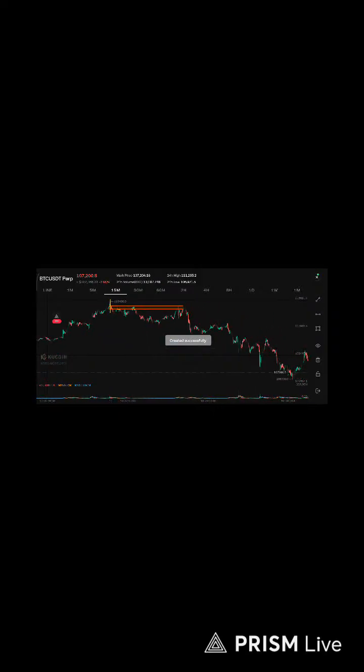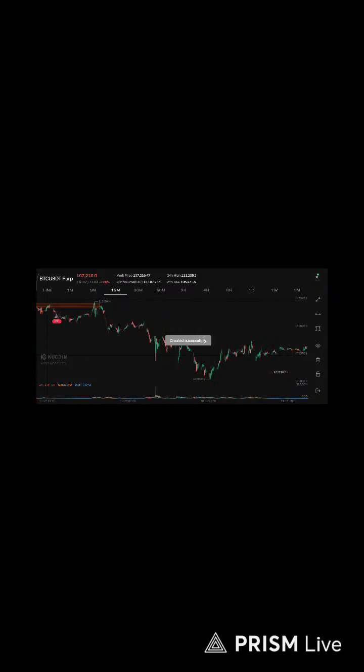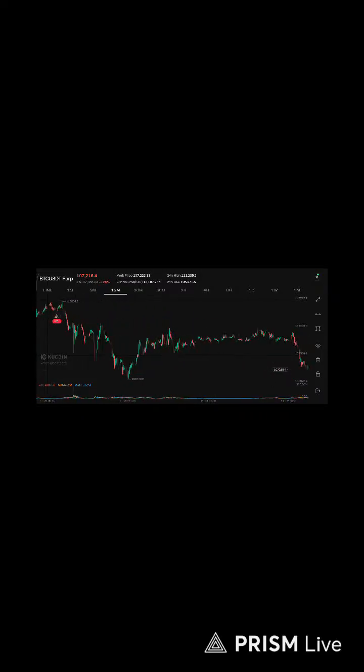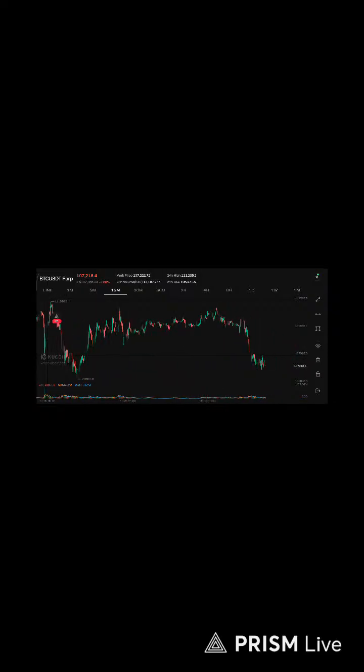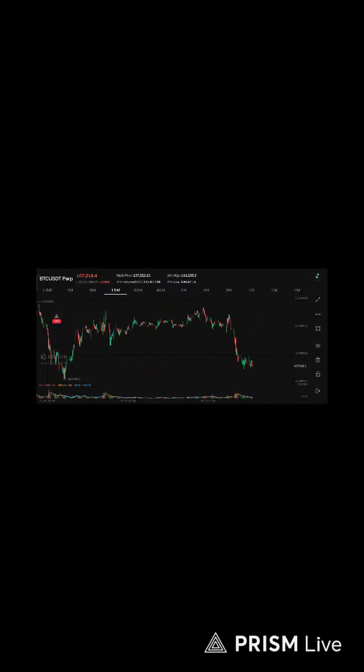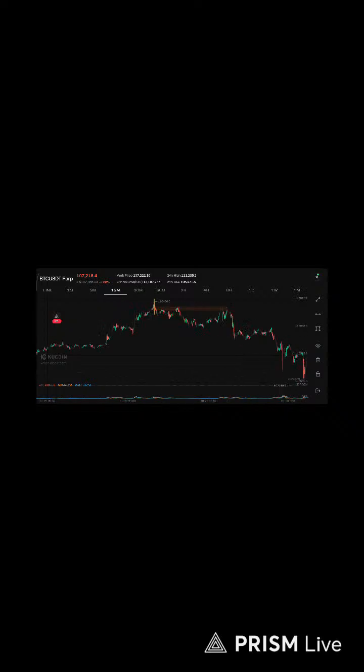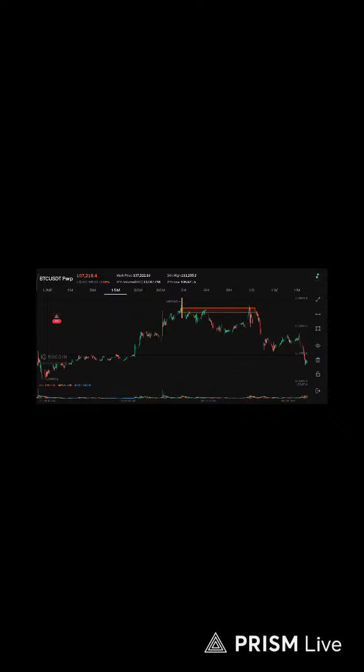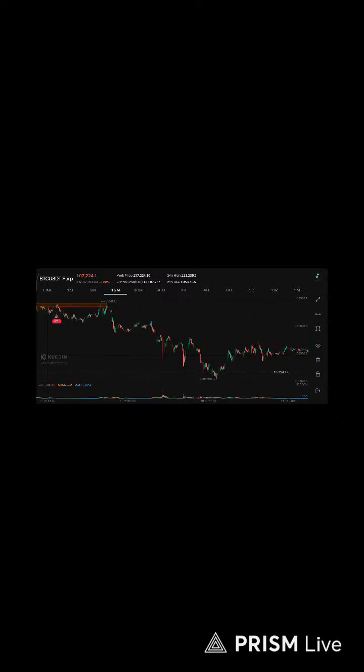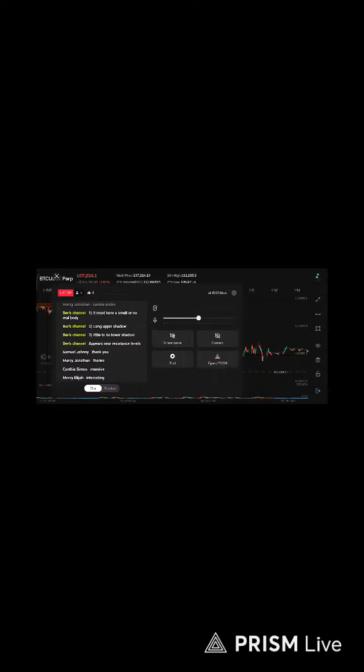It occurred at its resistance level. This is the resistance level. Now, watch what happened again to the price. The price went down to 116,000 US dollars.